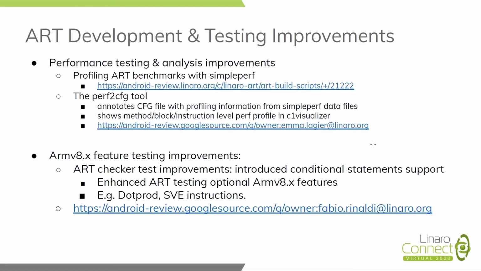The first work we've done regarding testing improvement is that we improved our current benchmarking script with SimplePerf support. SimplePerf is currently the standard performance analysis tool on the Android platform instead of the old perf tool.